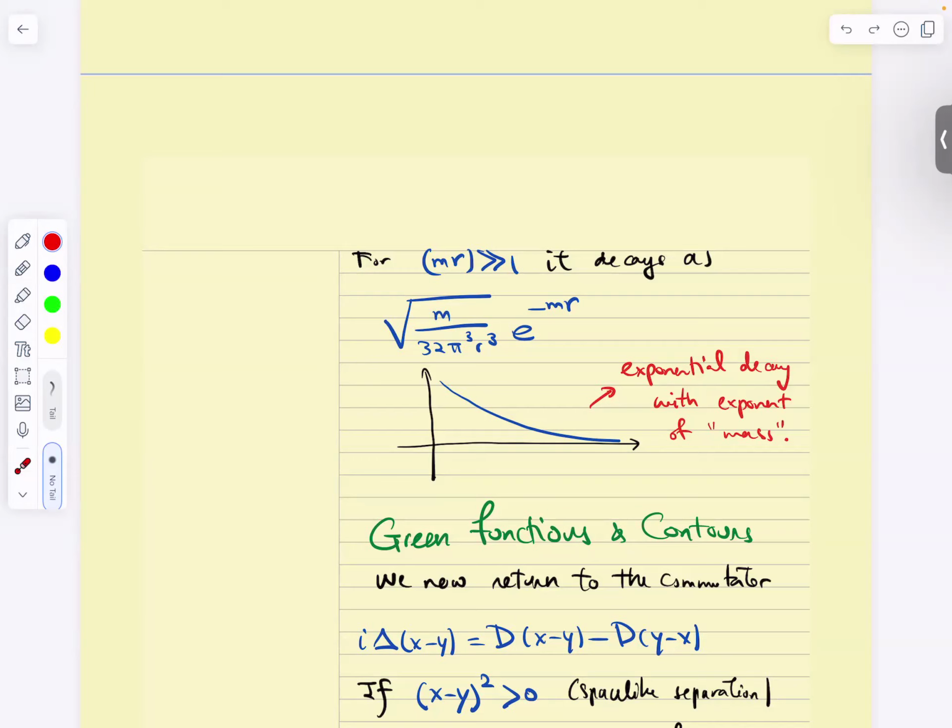Okay. So what is the action? Del mu phi squared minus a half, and so on. This is the action, right? You could figure out the dimensionality from this. You're going to exponentiate the action, so this is dimensionless in units where h bar is equal to 1. So what's the dimensionality of this?